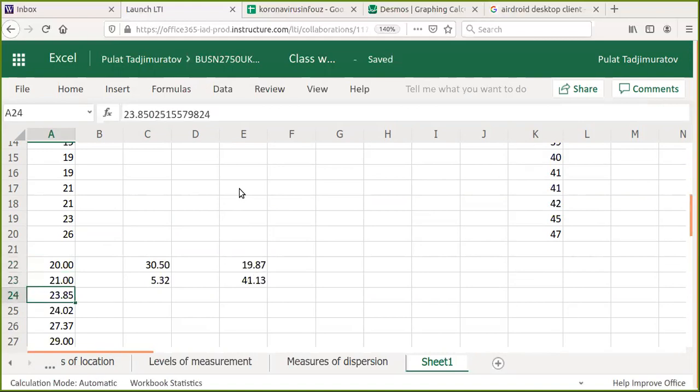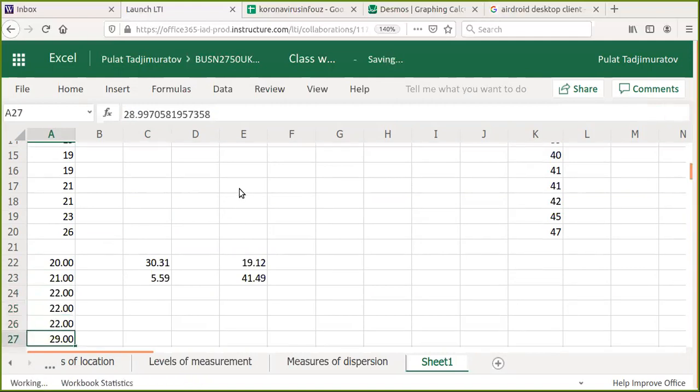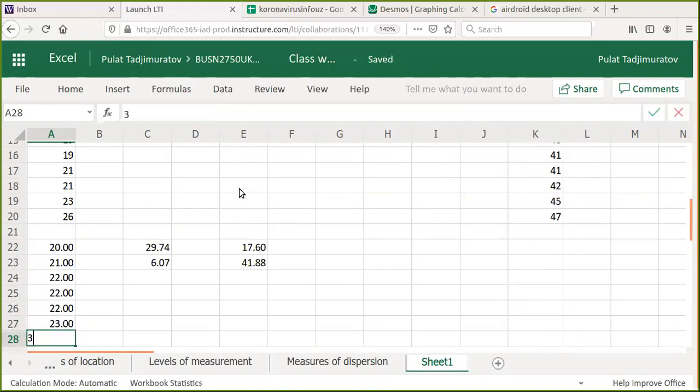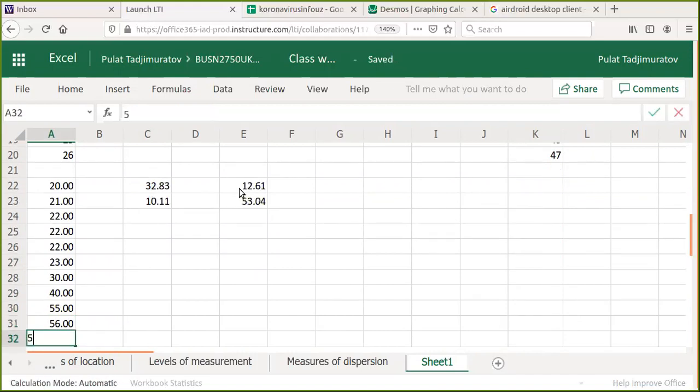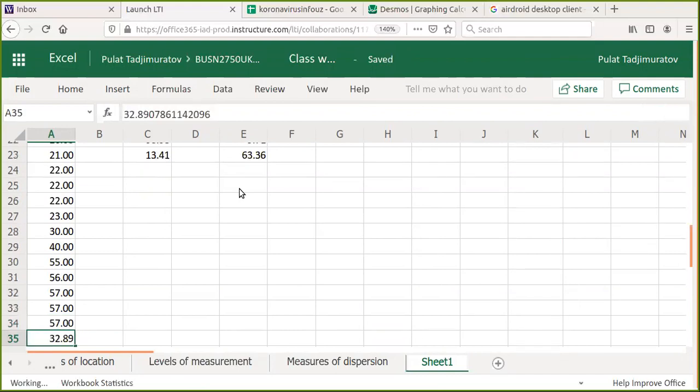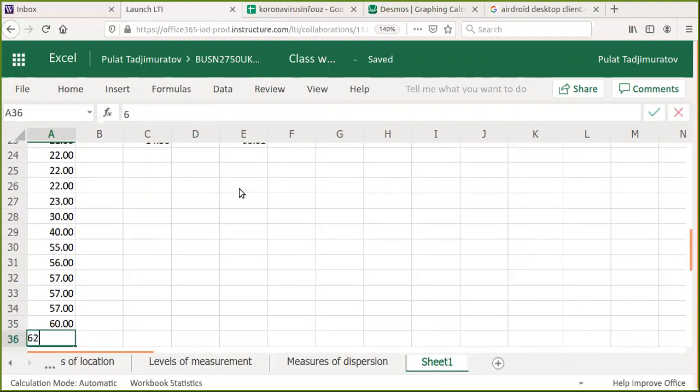Okay, I'll do 22, 22, 22 again, and maybe 23 and 30 and 40 and then 55, 56, 57, 57, 57, 60, 62.